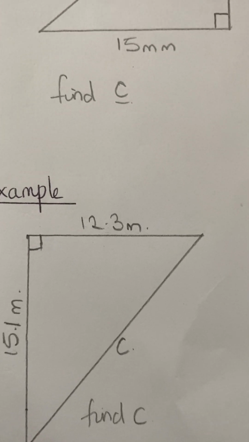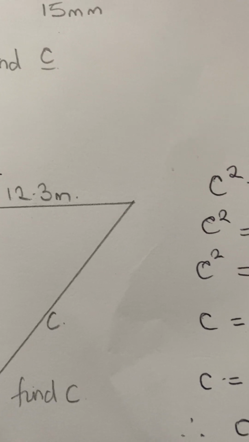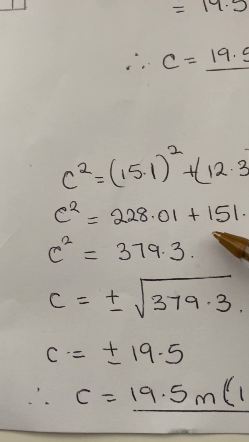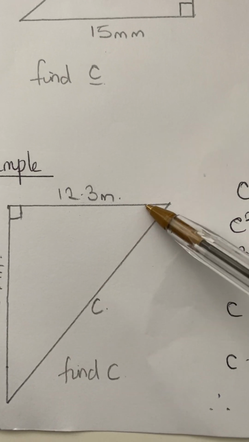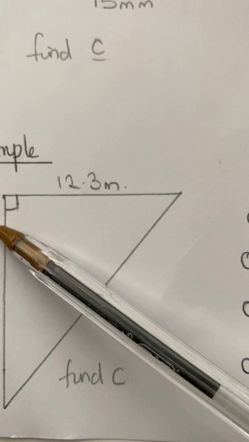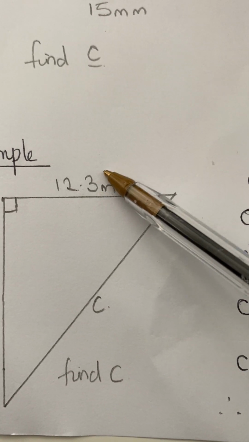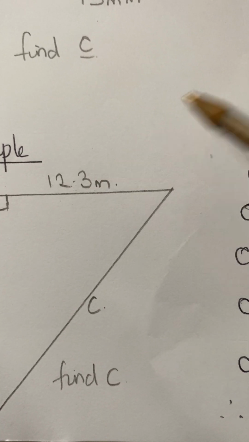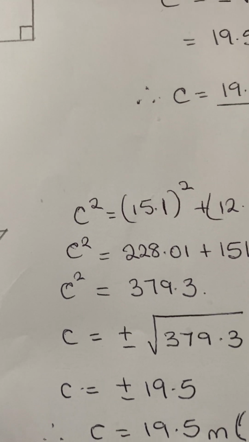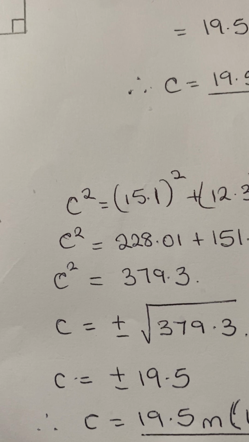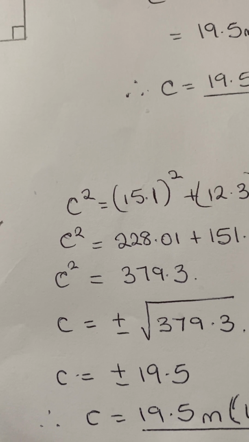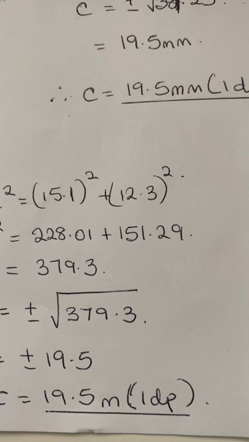But today all I need to show you is to use Pythagoras theorem to find the length opposite the right angle and to put your unit right. All our answers today are 1 decimal place. That is basically what I have for you today.